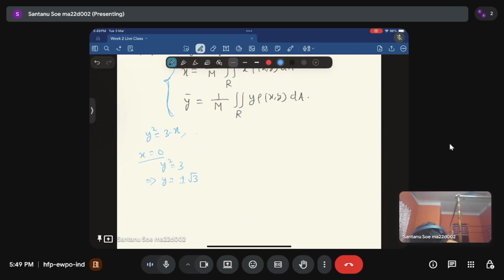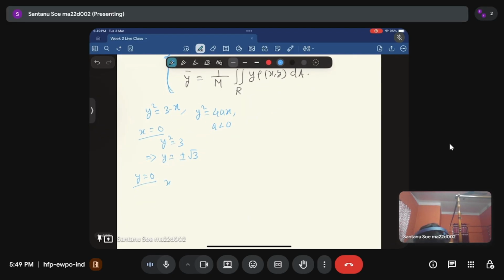Now this is actually y square equals 4ax type where a is less than 0. So that means this is a parabola where the face will be on the negative side of the x-axis. Now if you put y equals 0, this will imply x is 3.